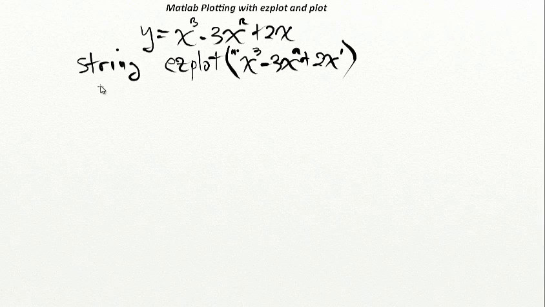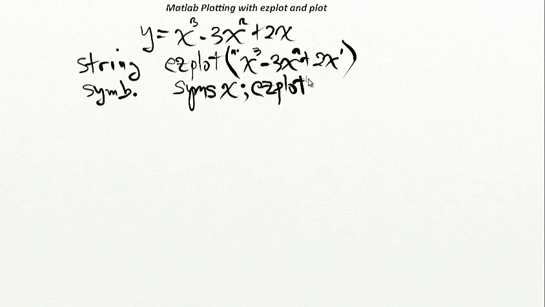If you have symbolic input, then you would start out by declaring a symbolic variable like syms x, and then giving the ezplot command, but without the quotes. This is now a symbolic variable, and MATLAB will plot it.